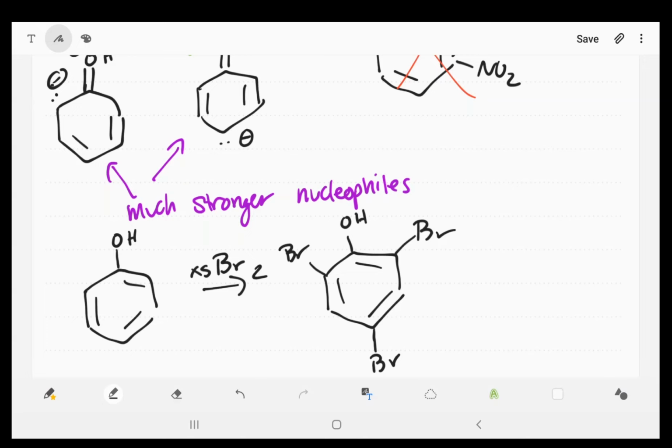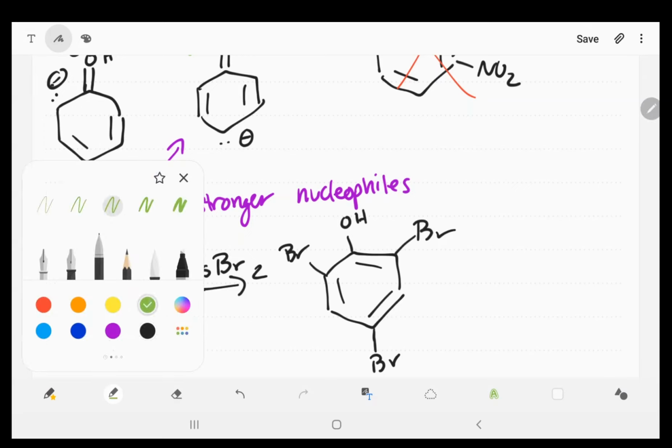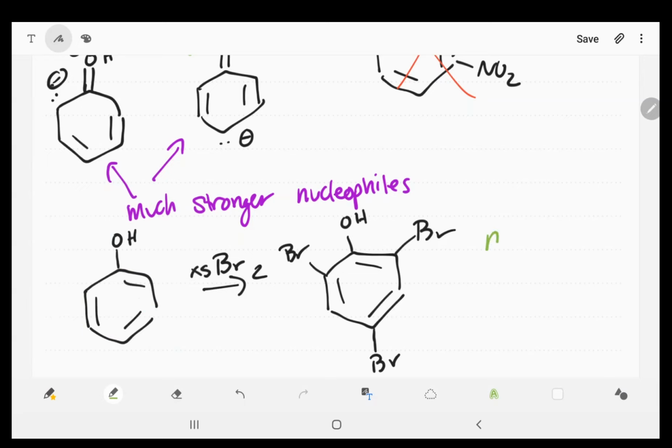That's a site of instability in the resonance form, and so that's something that can be used to react. And so we see here that because these are much stronger, no Lewis acid is necessary for this particular reaction. And so you can see you can go crazy with these things.